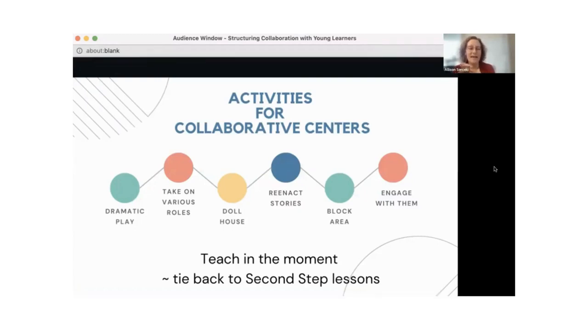Maybe they're the mom or the dad, or today I was over at Lafayette and they had quite a few doctors working on each other in a corner. Taking on those various roles and learning how to have conversations in real life settings can be invaluable to our youngest learners. I think it's invaluable to any learner, but our youngest learners in particular, because it gives context and meaning to what they're doing and how they're communicating and using their words.